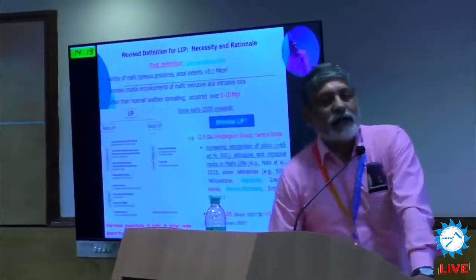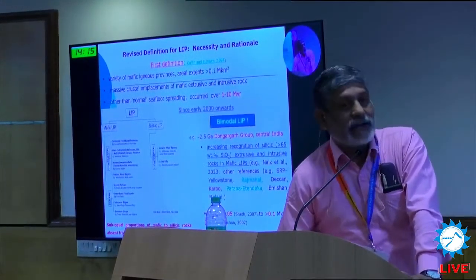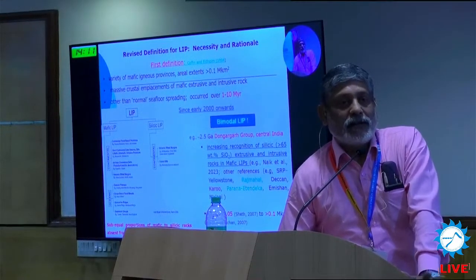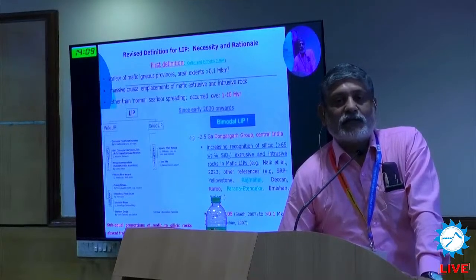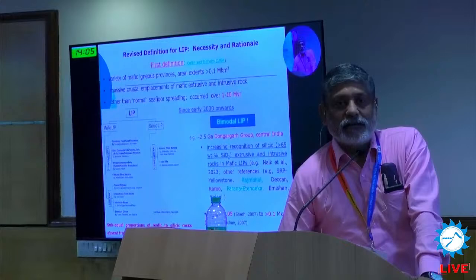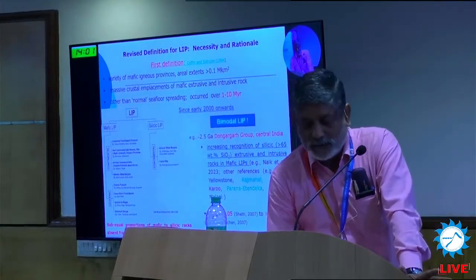Initially, Coffin and his team, more than 20 years ago, identified LIPs basically as mafic provinces, large areas, millions of square kilometers, formed within, say, 1 to 10 million years. This is just the major concept. And it has to be within plate space.